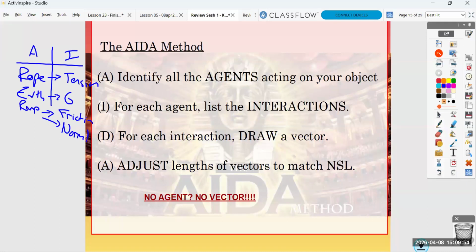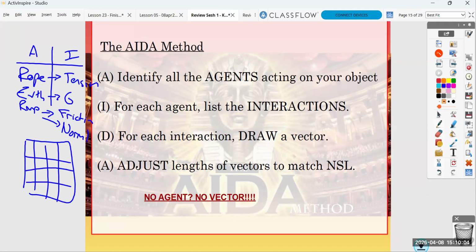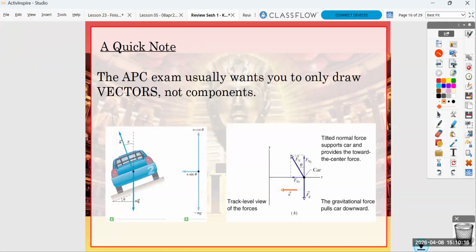And we might actually see that on our FRQ in a moment. Sometimes they will give you a grid and ask you to draw your vectors relative to the grid. You just make sure that if one vector is bigger than the other, you give it 3 boxes instead of 2 boxes or whatever, right? Maybe the biggest rule is they want you to draw vectors, not components. If you are drawing a car on a ramp and there's no friction, they want you to draw mg down, normal force that way.